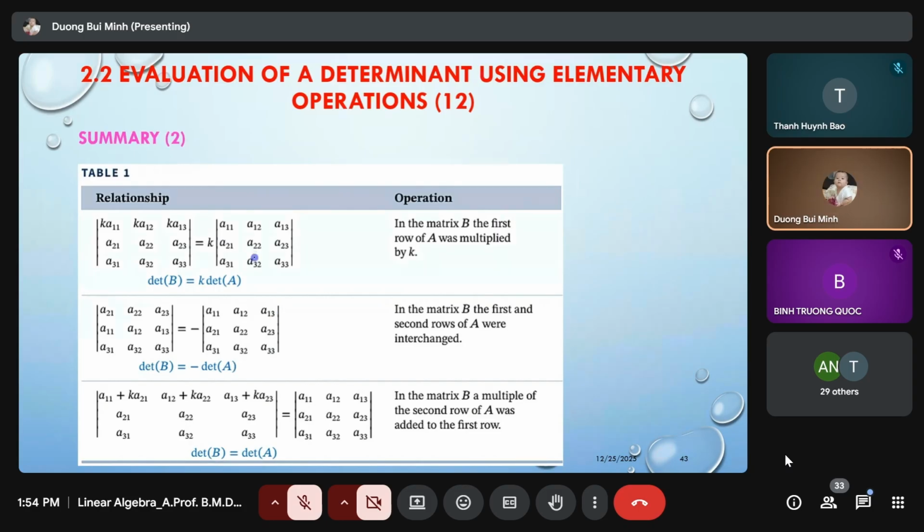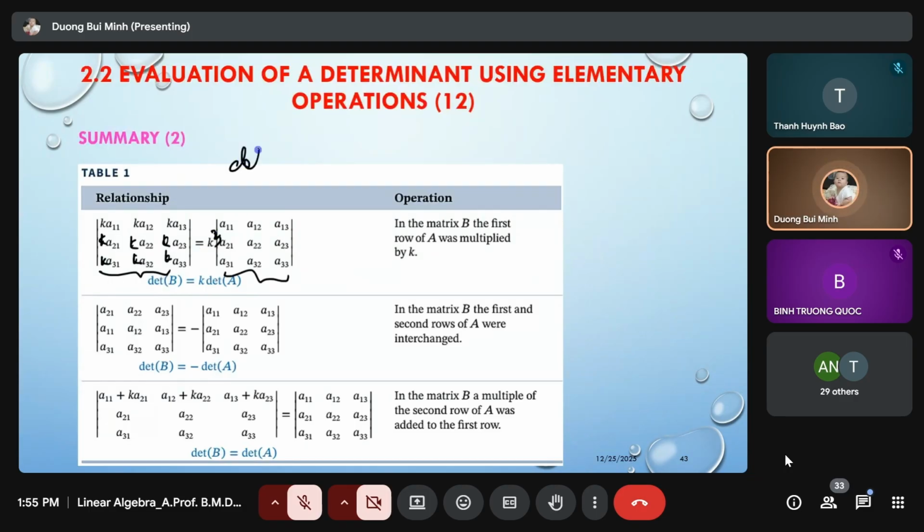Just a review. If we have scalar multiplication, the determinant of this matrix is K times the determinant of this one. If here we have one more K, you get K squared. If we have another K, you get K to the power of 3.